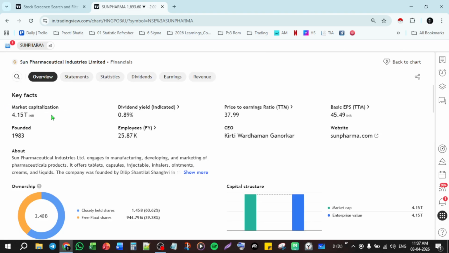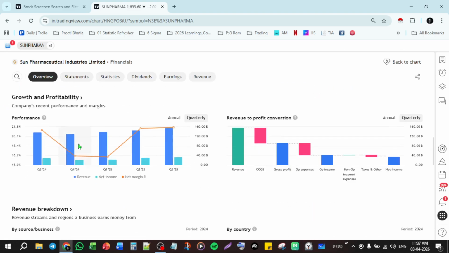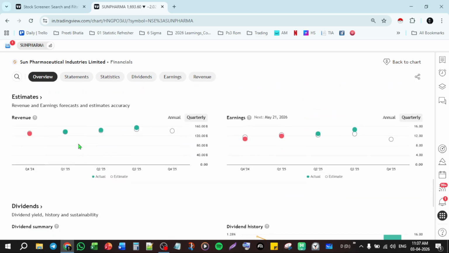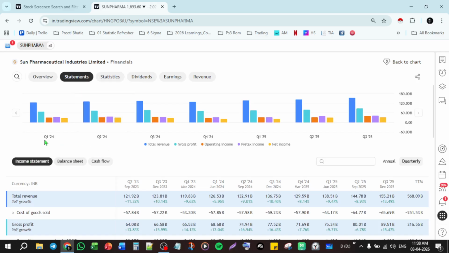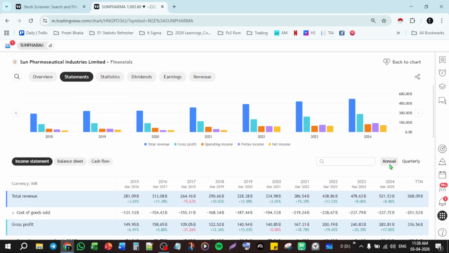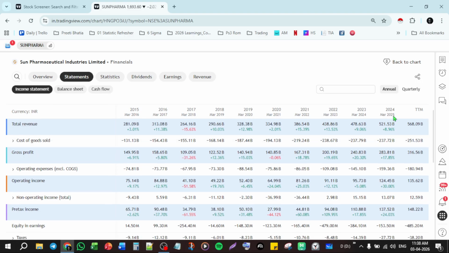You see, it says market cap. Now I go down and I can read a lot. So I go to statements, and this is where the game is. I select annual. Now I want to see 2024, which is the last data they have given, and March 25. This is the cycle.